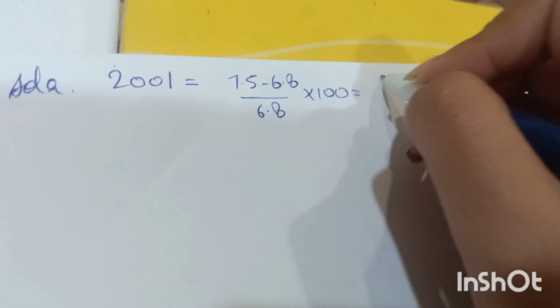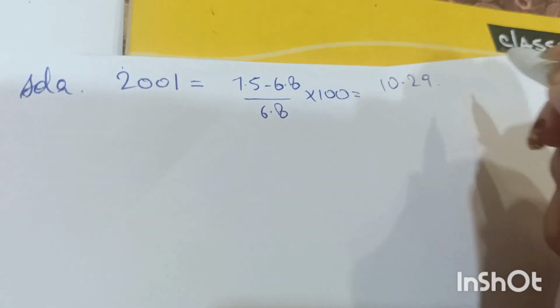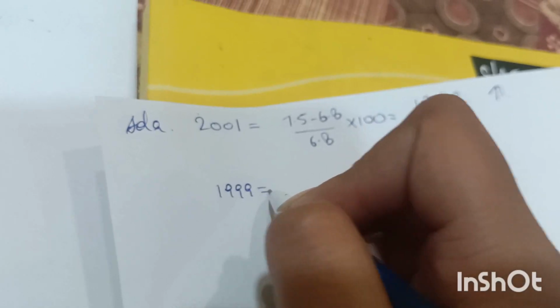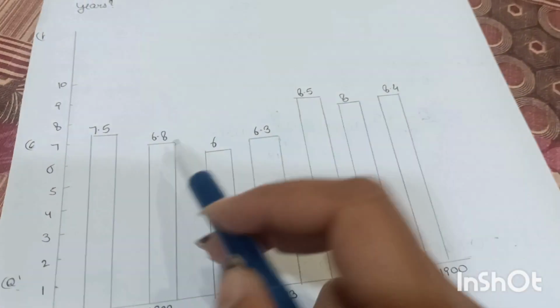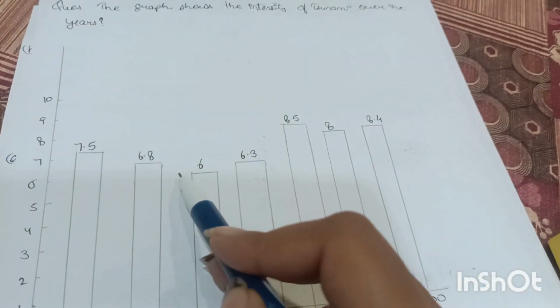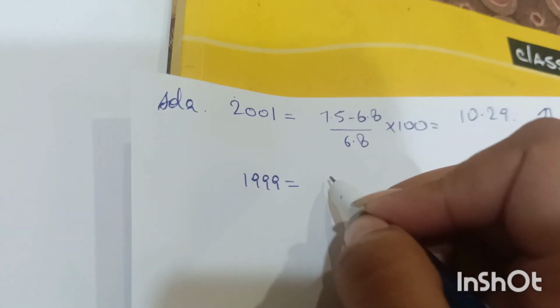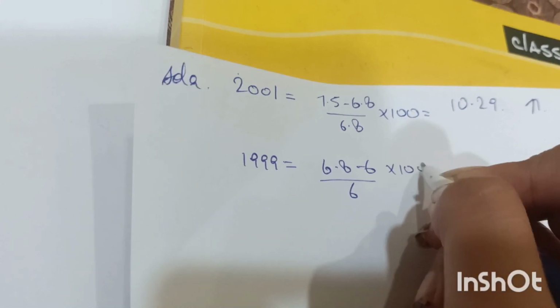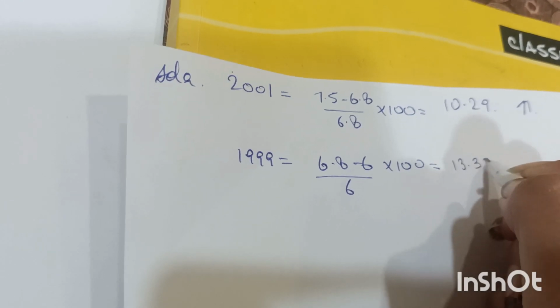You will get 10.29, and there is an increase. Now for next, you will find the value of 1999. So you have to do 6.8 minus 6.6 into 100.